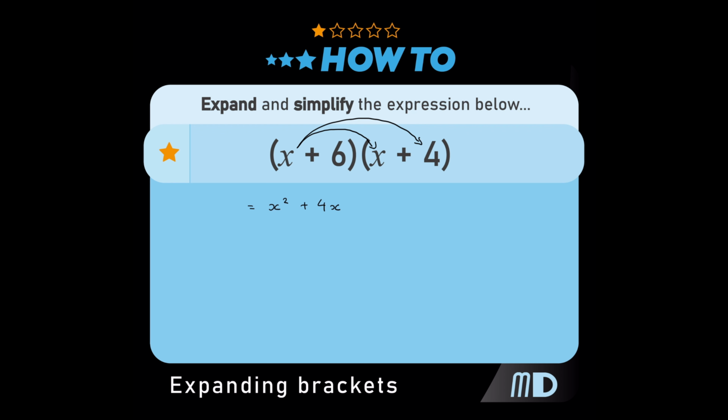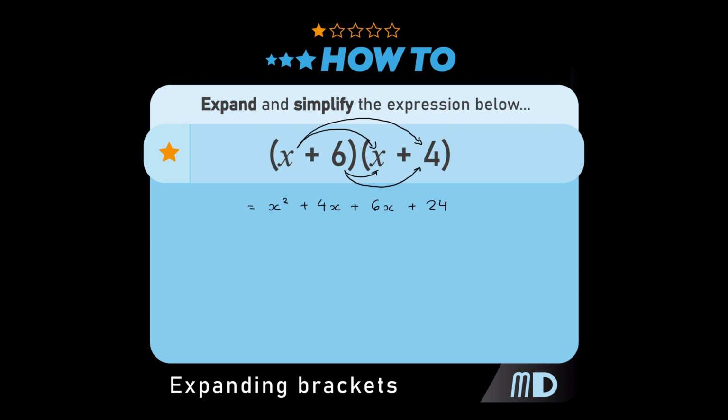Then we multiply 6 by each term in the second bracket. So 6 multiplied by x is 6x, and 6 multiplied by 4 is 24.